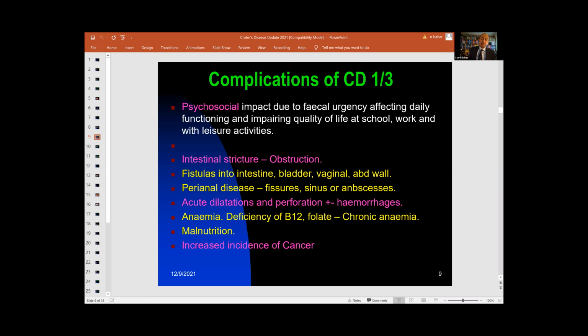And this is why either the detection rate of cancer is higher in patients with inflammatory bowel disease because of endoscopy, pathology, and so on, or there is a real increase in the incidence of bowel cancer when someone has a confirmed diagnosis of Crohn's disease or ulcerative colitis.